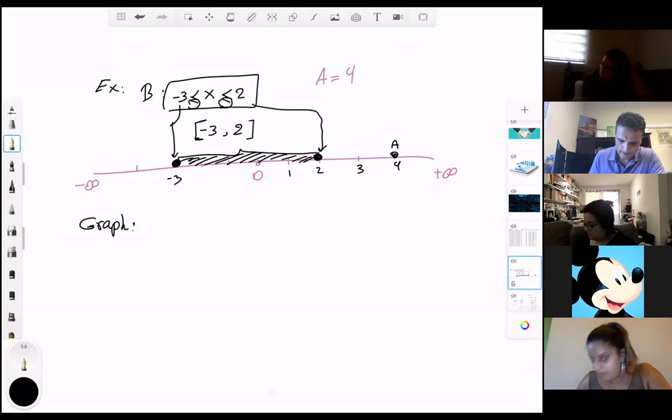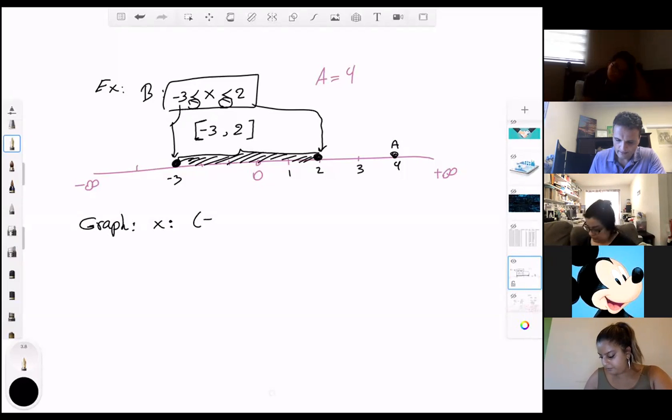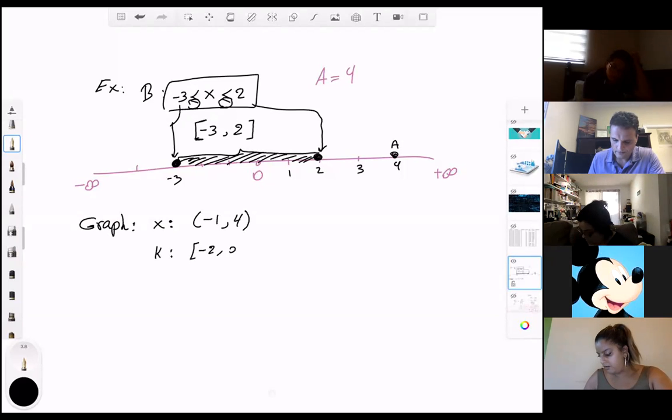Question for you guys: graph X, which is parenthesis negative 1, comma 4 parenthesis, and point K, where values of K are between negative 2, comma 0 parenthesis.